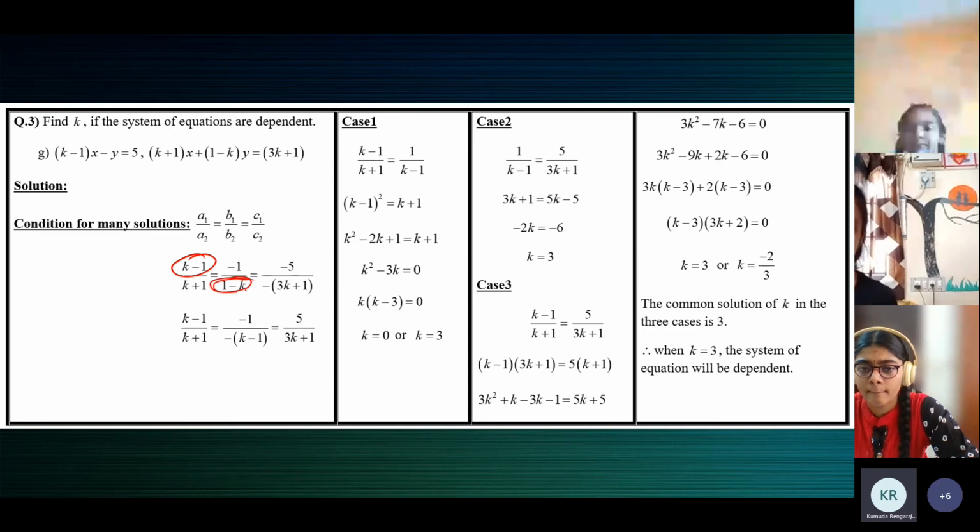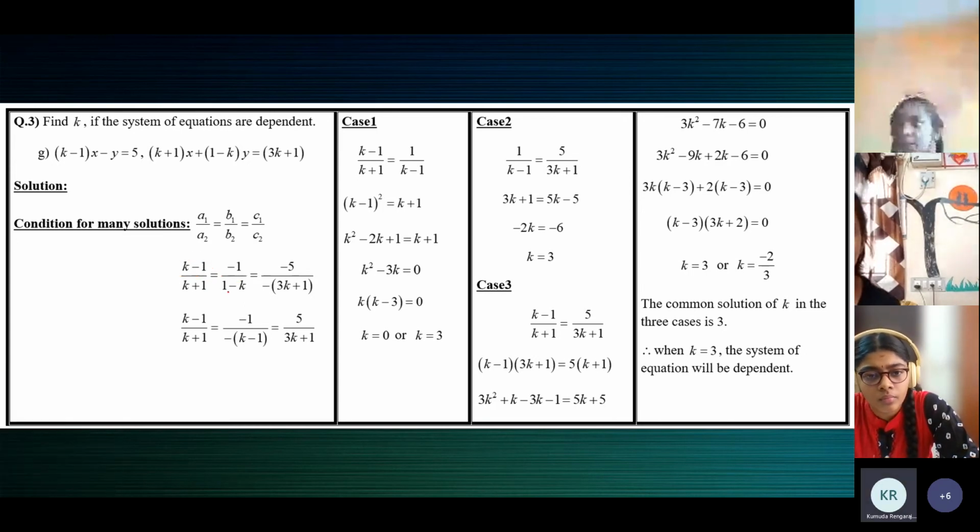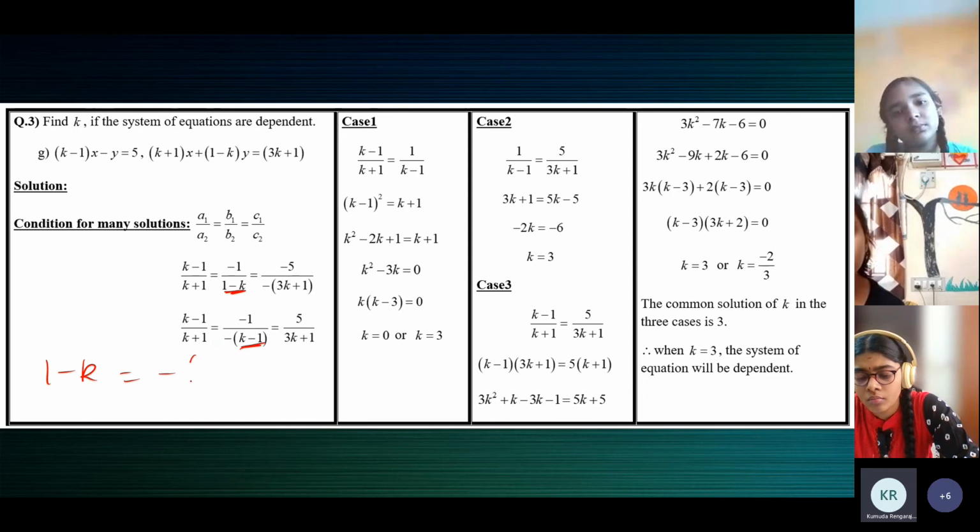I want to write 1 minus k as k minus 1. So I take a minus outside. That's all. Now we will understand. How will I do that? By taking a minus outside. 1 minus k is the same as minus of k minus 1.